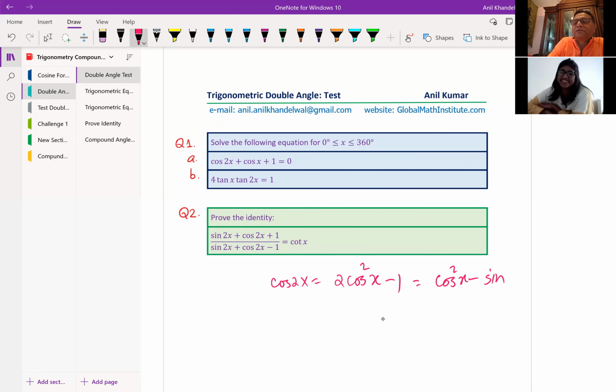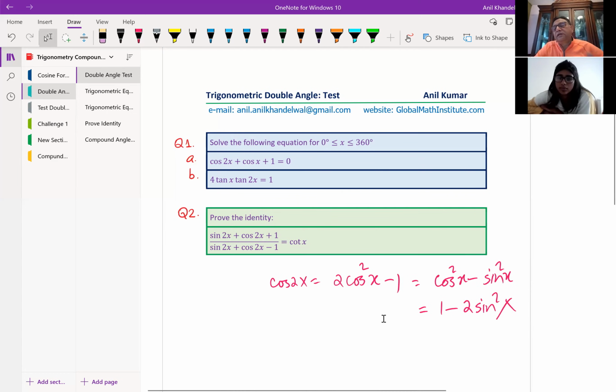I know what you said, cos squared x minus 1 minus sine squared x, you just rearranged it. We had three forms, so whenever it is a cos term, we look at which of these three to apply. In this particular case, we have cos 2x along with cos x. I can solve a quadratic equation provided I have the same parameter.